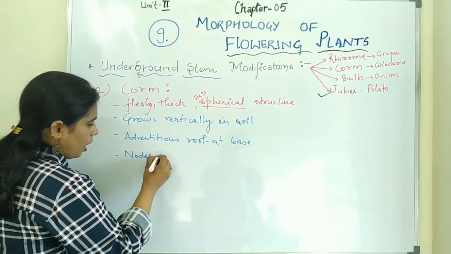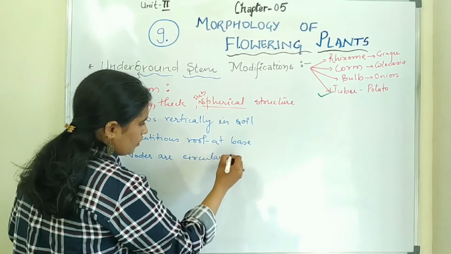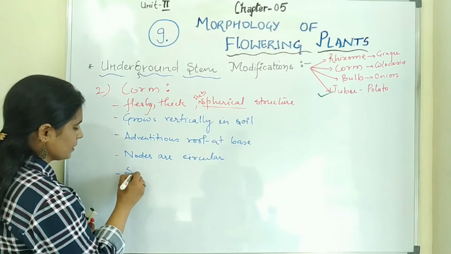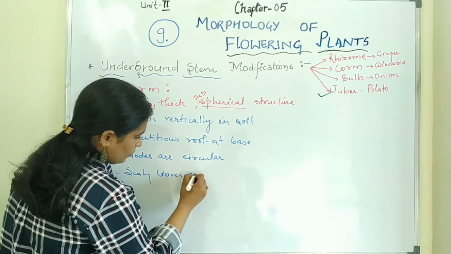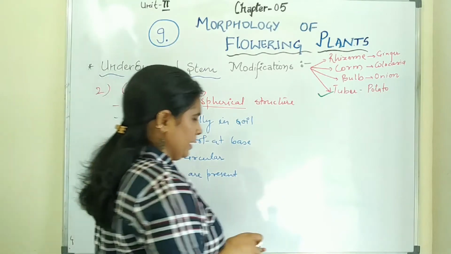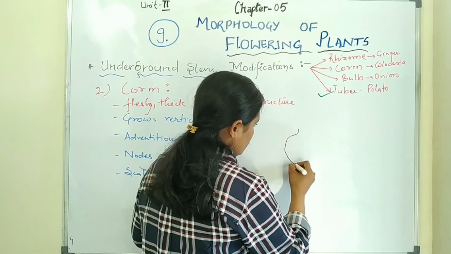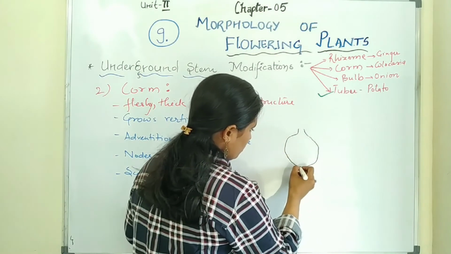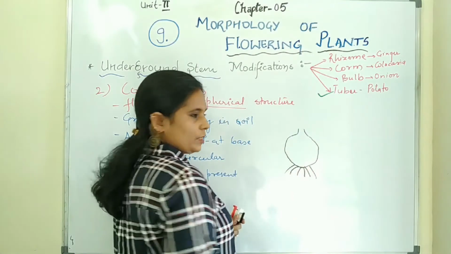Nodes are circular and scaly leaves are present. Fine. So its structure will be somewhat like this. So you will see from the base adventitious roots are coming.